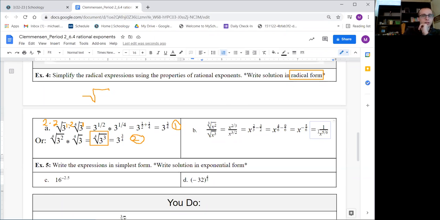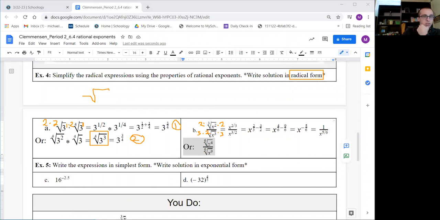Now this would be actually an incorrect answer right here. We'll see why in a second. And we can see why we might run into a problem in a second. All right, for the second way we can do this, I make them the common denominator again, common power of 6, which means I need to multiply both of these by whatever they're missing. This one's missing a 2, so I multiply this by 2 and 2, and then 3 and 3.